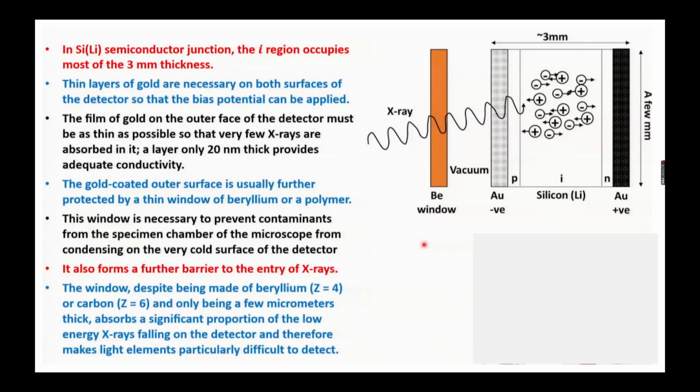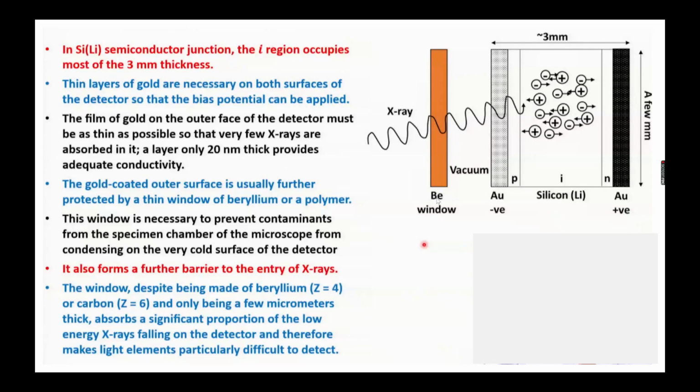So, as you can see, this is the setup you can also see in your lecture. There is a PN junction. This is your silicon. The silicon semiconductor junction, the I region occupies most of it, so this will be thick, and there will be your P and your N. And this is your window, the beryllium window.